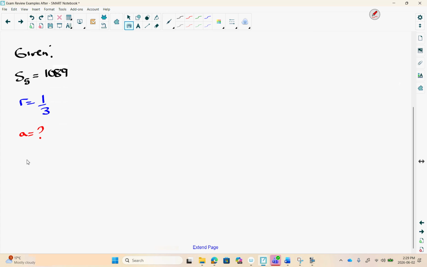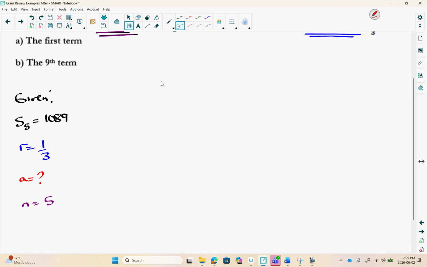And if I fill this in, here's the formula: Sn equals A times (R to the power of N, subtract 1), divided by R minus 1. So I'm going to replace the S5 with 1089.